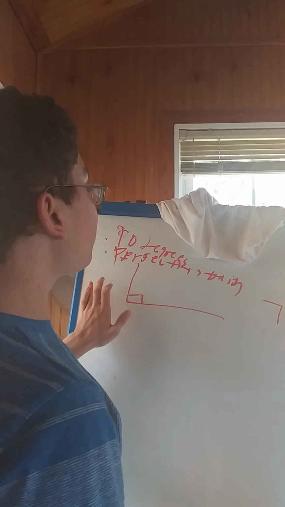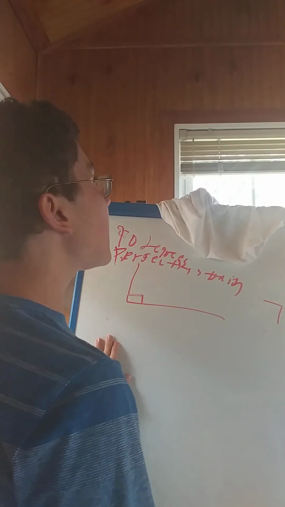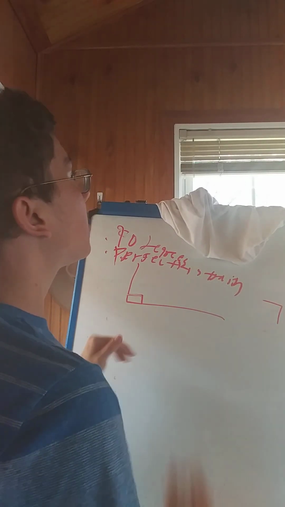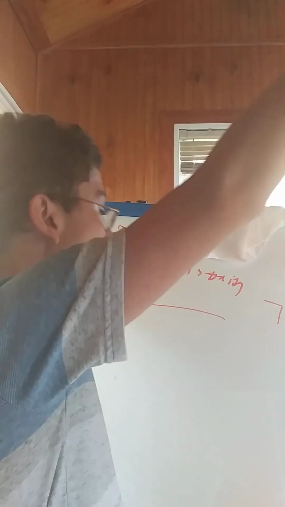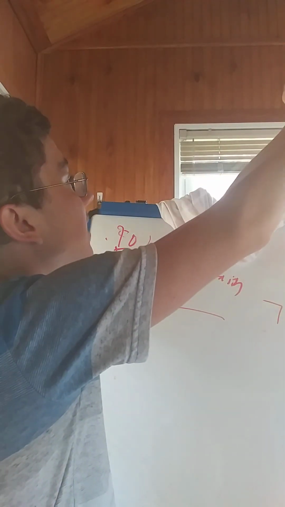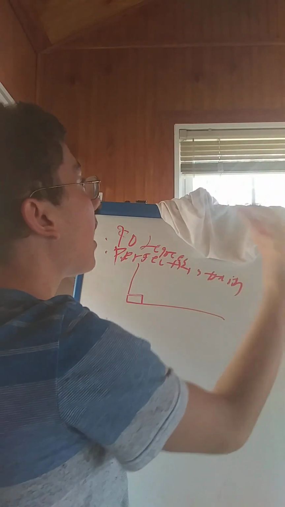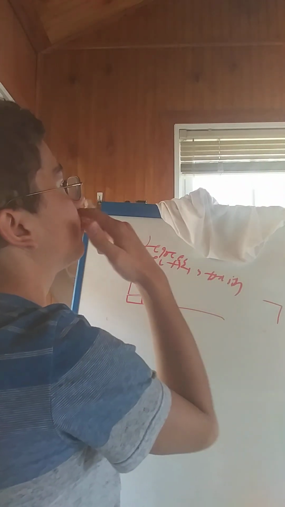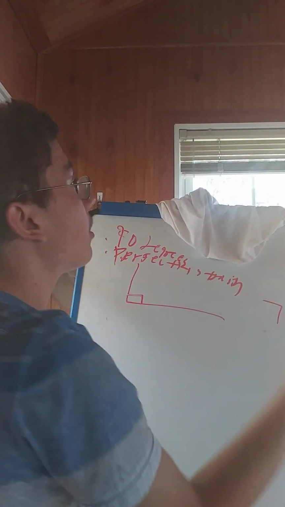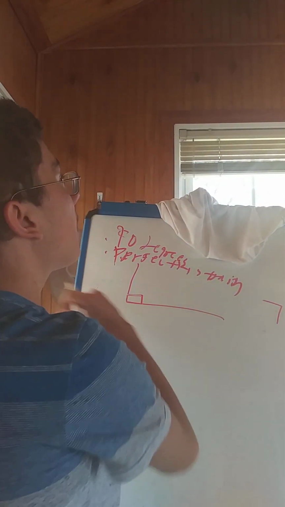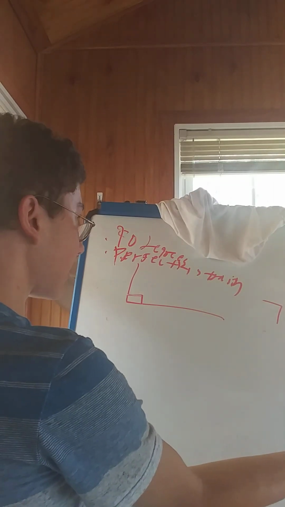So, this is 90 degrees if either the bottom base or the top is, not both, obviously, but one or the other, is perfectly straight.